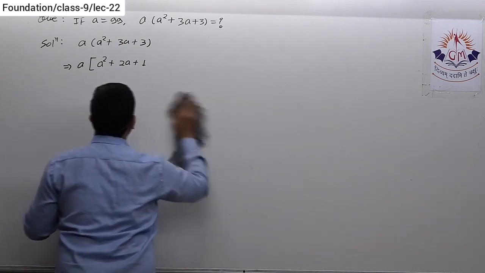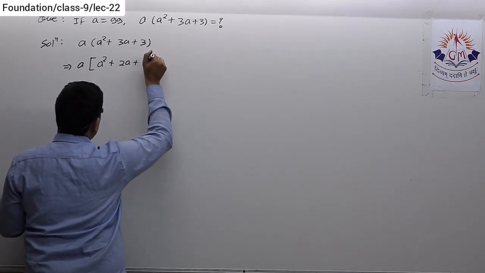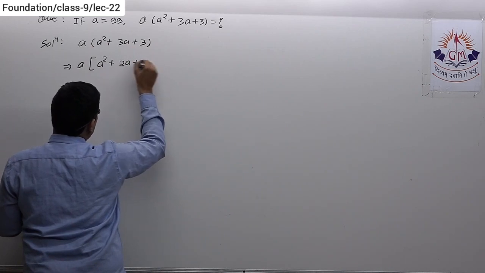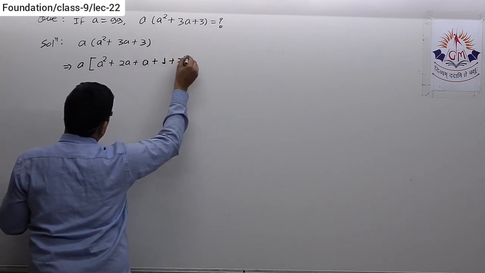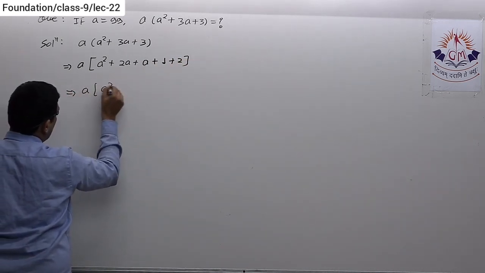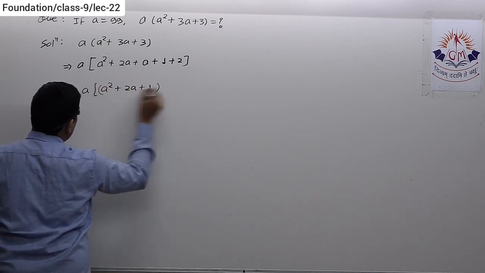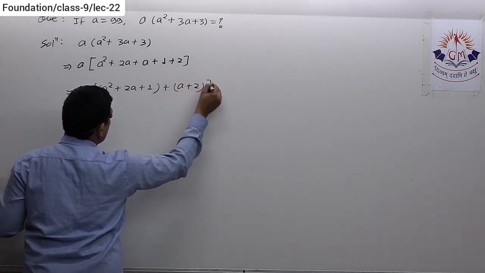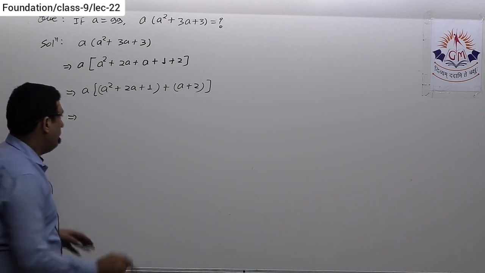So instead of 3A I wrote 2A plus A, and 3 I wrote as 1 plus 2. In the next step I wrote A square plus 2A plus 1 together, and the remaining term, that is A plus 2, over here. This is definitely going to save your time.